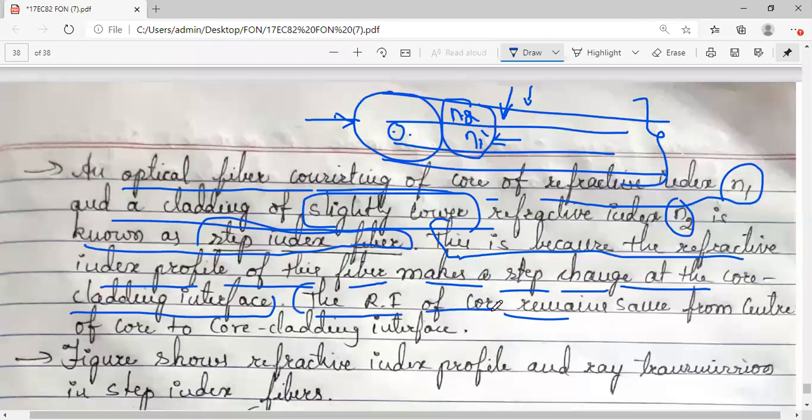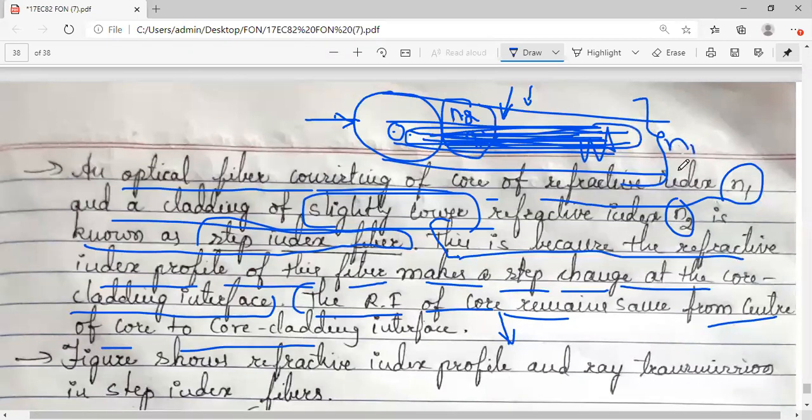The important thing is, the refractive index of the core material at the center is constant throughout in case of step index. This center refractive index is constant from the center of the core to the core cladding interface. So throughout this core material, whatever N1 you consider as the refractive index, it will remain the same.